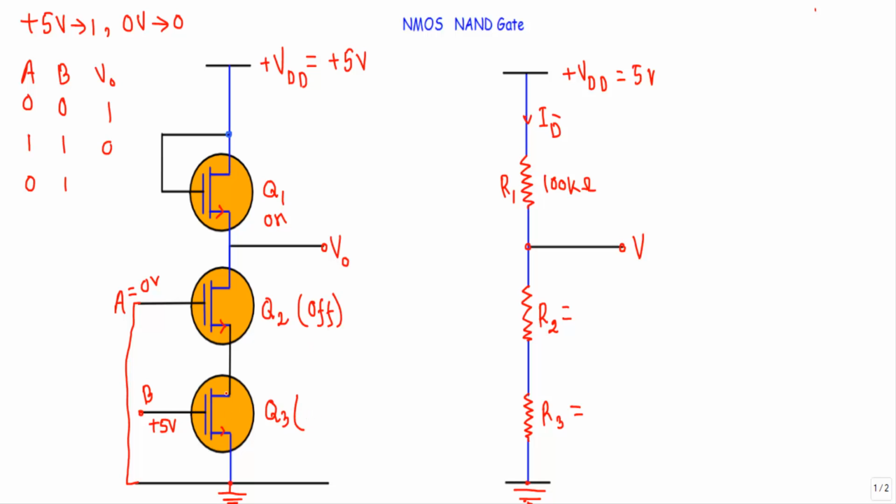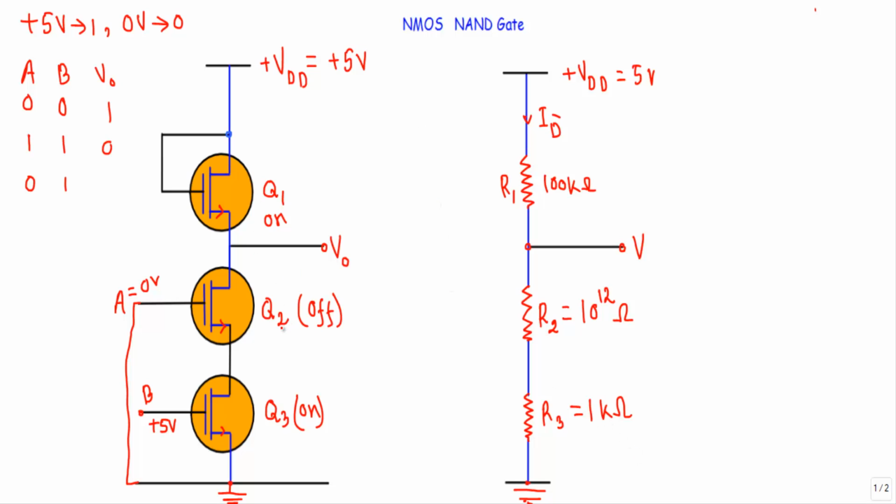As it is in logic 1 or 5 volt, it will be in on state. Therefore you will see R2 will be 10 to the power 12 ohm of state resistance of transistor Q2, and the on state resistance of Q3 will be 1 kilo ohm.